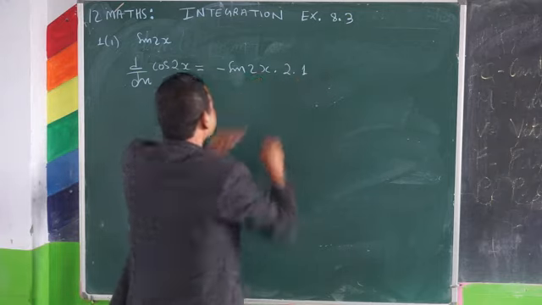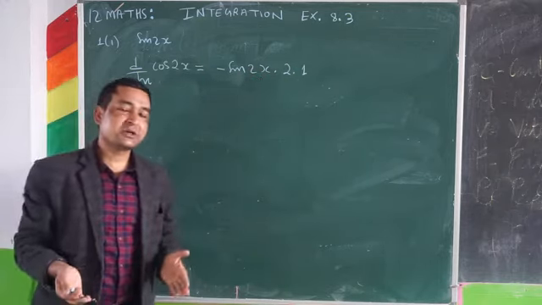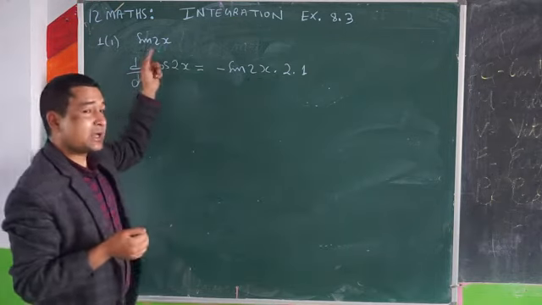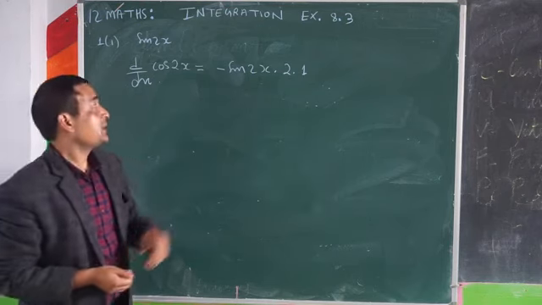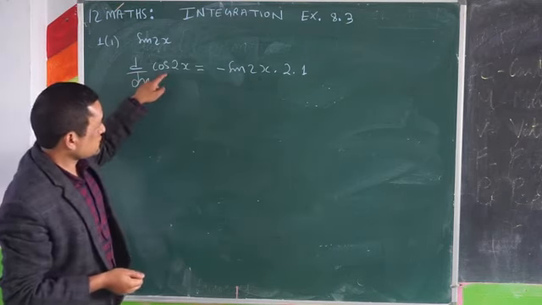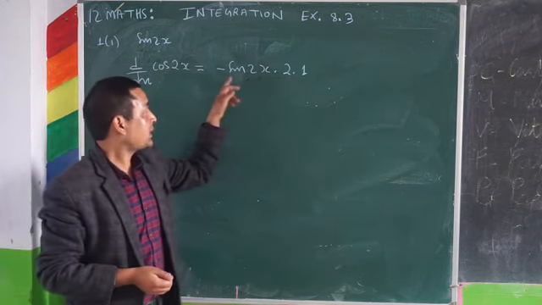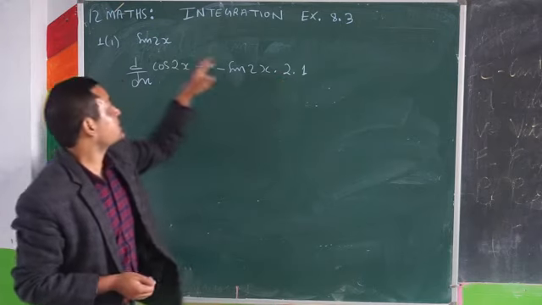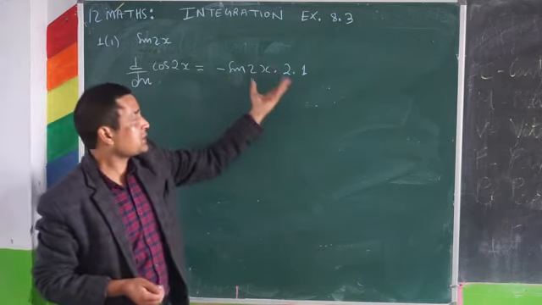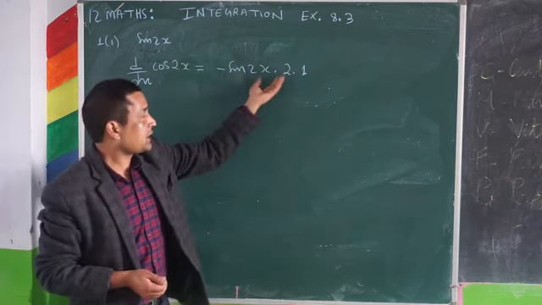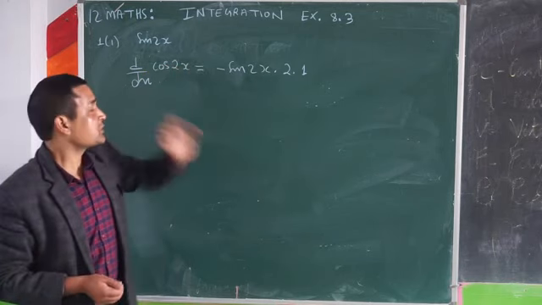But in our answer, after differentiating we got the answer as well as some extra terms. The minus is extra and the 2 is extra compared to the answer. Take those extra terms towards the question side.